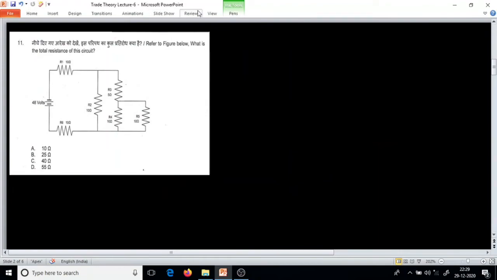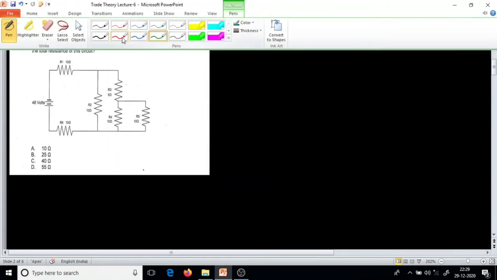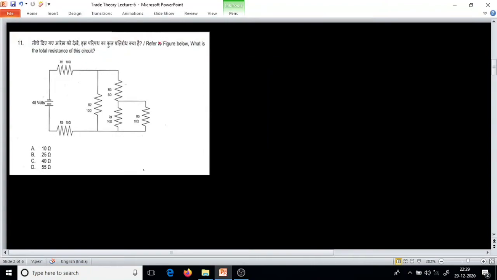In this question we have to find the total resistance of the circuit. That means between these 2 points, what is the total resistance? Now these two 10 ohms are in parallel. When two 10 ohms are connected in parallel, what happens?